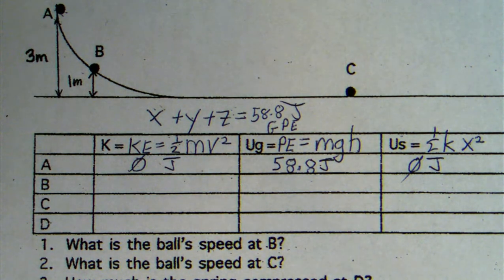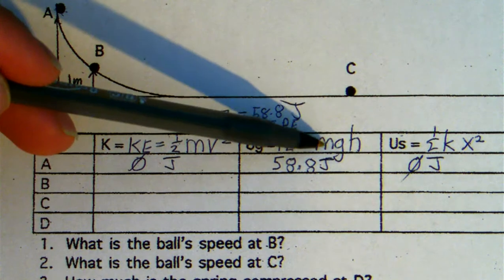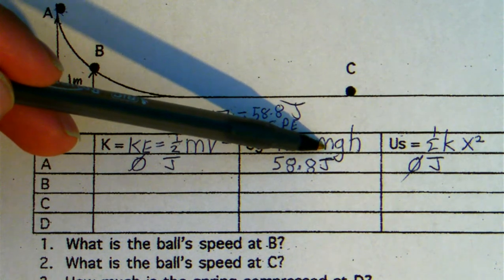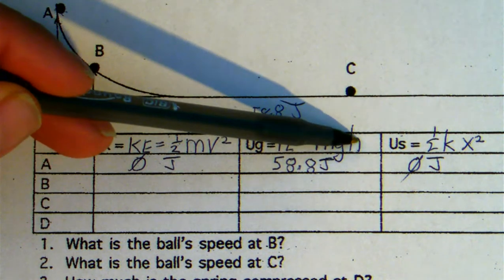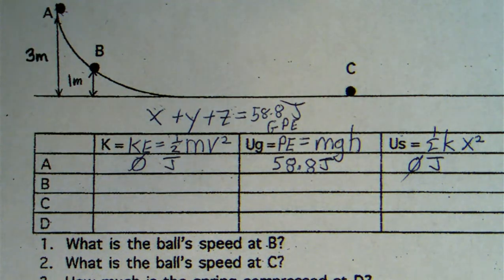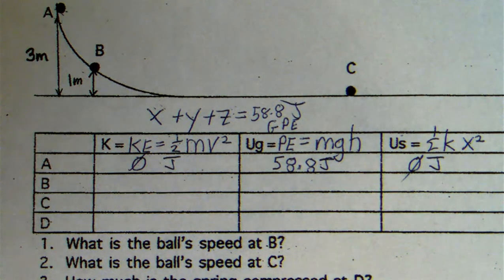Harshith, what do you get? A 2-kilogram ball on Earth 1 meter above the ground. 33. No units. All right.